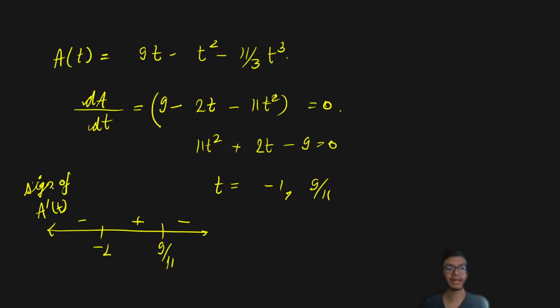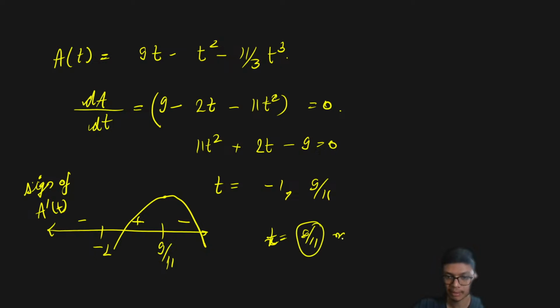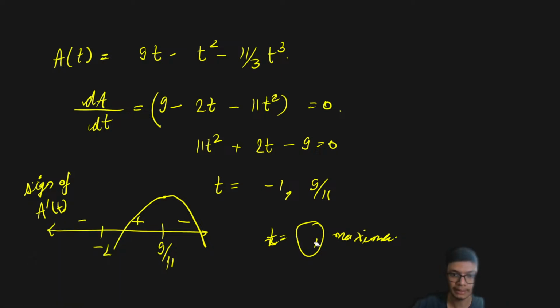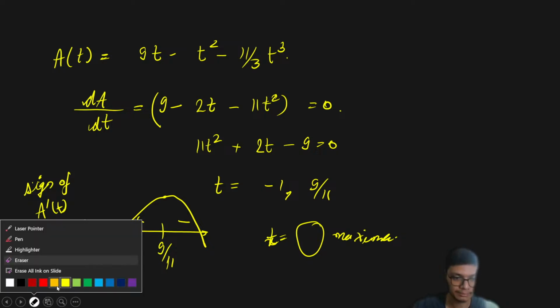Now, once the sign of A dash of t goes from positive to negative, it is basically encountering a point of maxima. So therefore, t equal to 9 by 11 is a maxima. If we put t equal to 9 by 11, we are definitely going to get the maximum area of the rectangle.